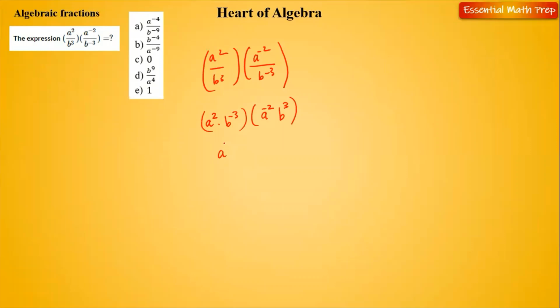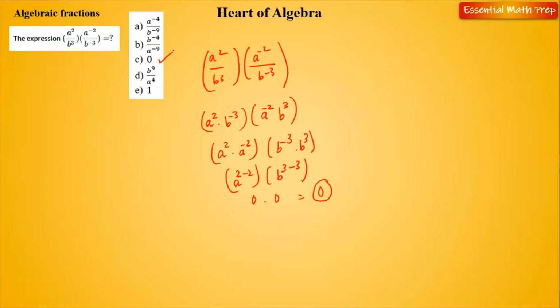Now we can combine like terms, a to the 2 times a to the -2 times b to the -3 times b to the 3. Since bases are the same, we can add the exponents. So it's 2 minus 2 times 3 minus 3. This is 0 times 0 equals 0. So the answer is C.